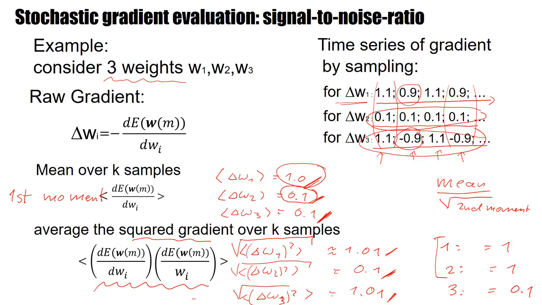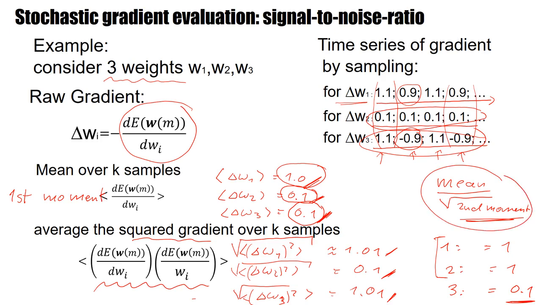So this scales out the absolute size of the gradient after division with the second moment. Now for the third one, it has the same mean as the second one, but it gets a much smaller update once we consider this as the relevant quantity.